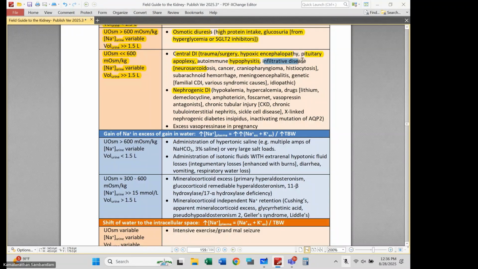Neurosarcoidosis would be an infiltrative disease. Craniopharyngiomas, especially those that undergo surgical resection with some damage to the pituitary. Okay.